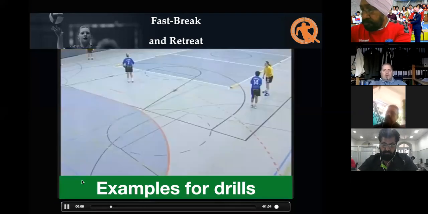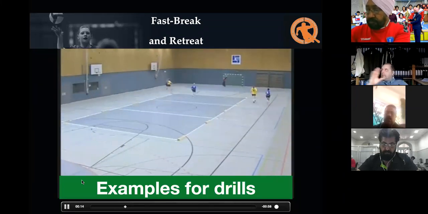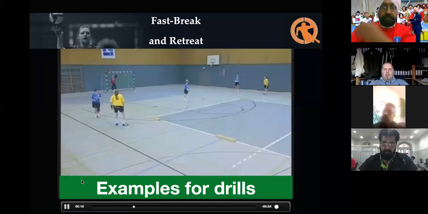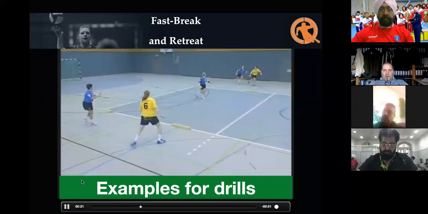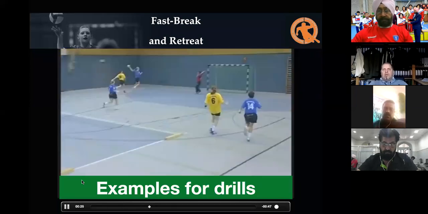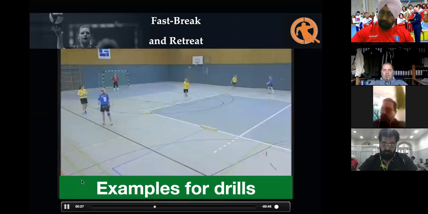So in that moment they start, and now the player in the center position must observe to the right and to the left, must see which attacker in that one-on-one without ball competition is in a better position, and to that side they have to pass.